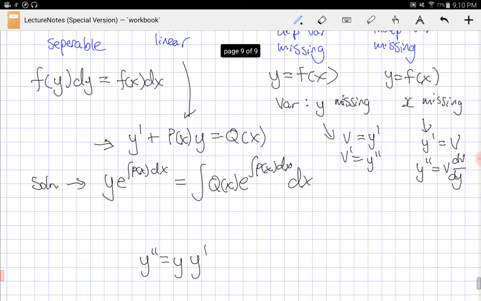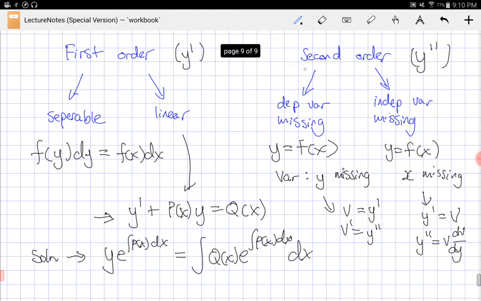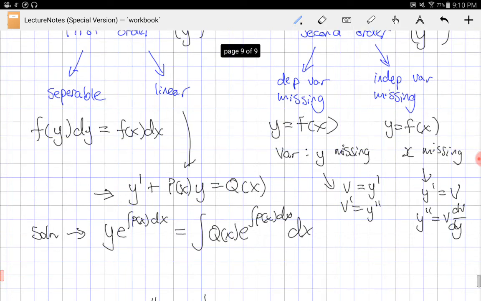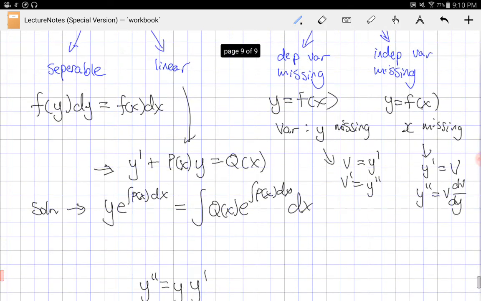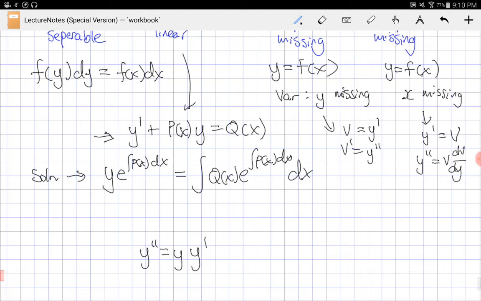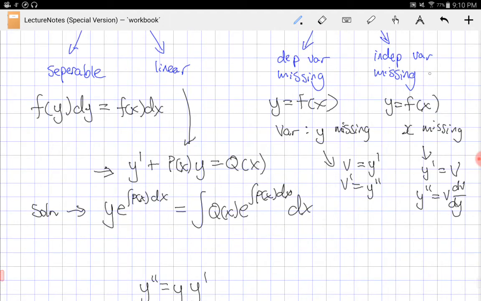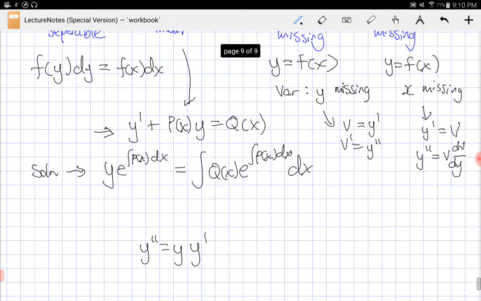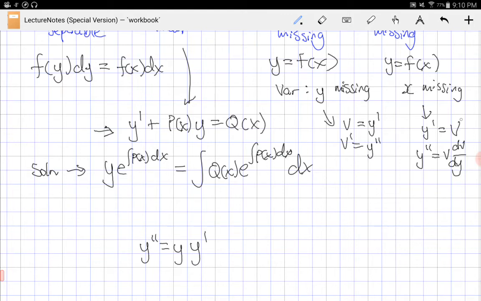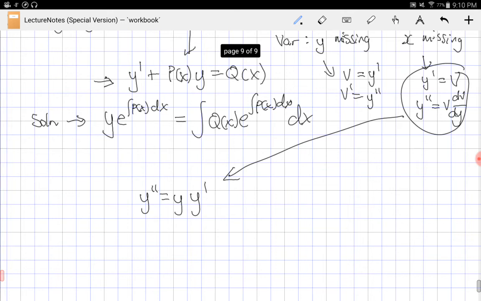I can see that it has y double prime, so I can say that it's second order. So now I'm at my second order. And then I also see that I have a y, but I don't have x. So I can say that my independent variable is missing. So let's make this substitution into this equation.